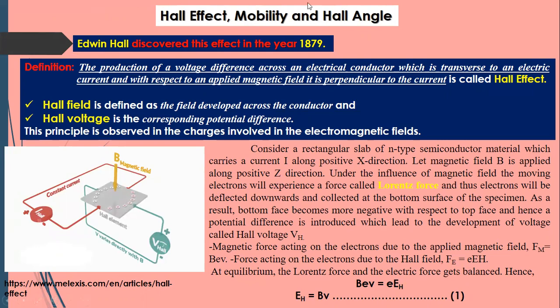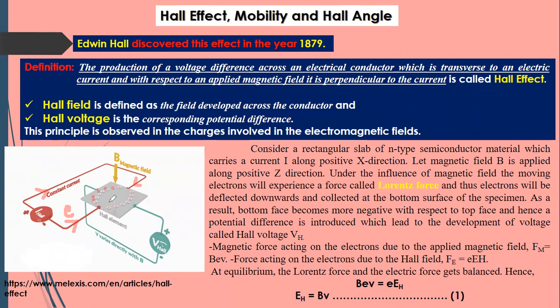Whenever the constant current passes from the battery and through the metal slab, at the same time the electron charge travels in the opposite direction of that current. So the negative symbol here indicates the electron charge.